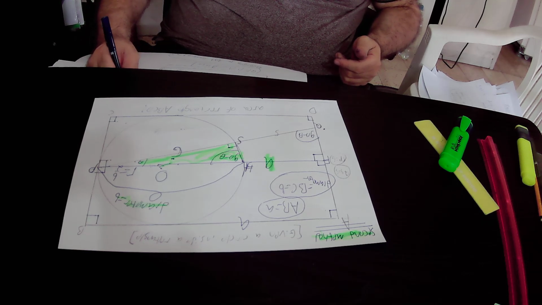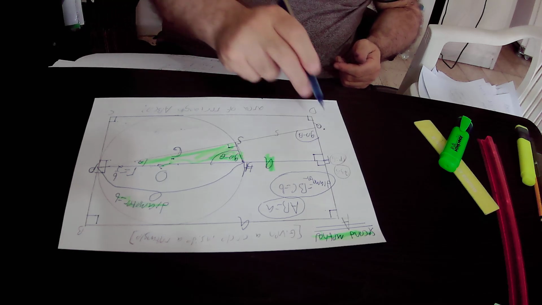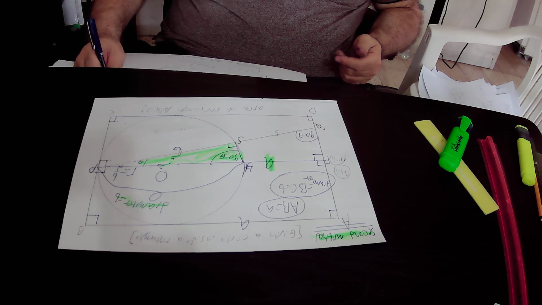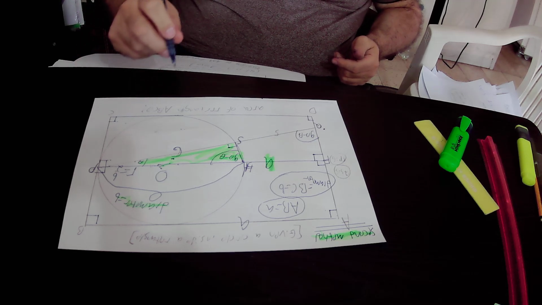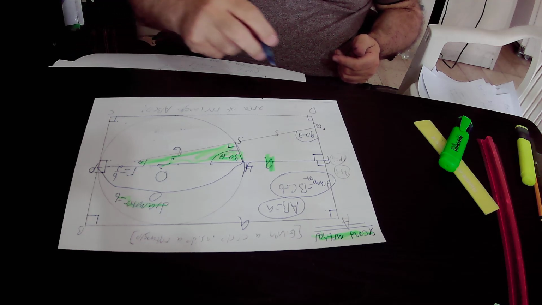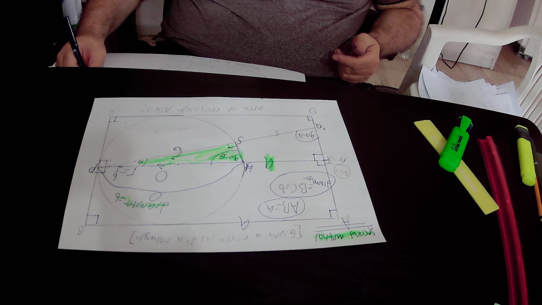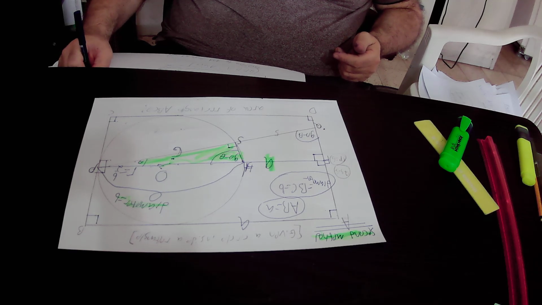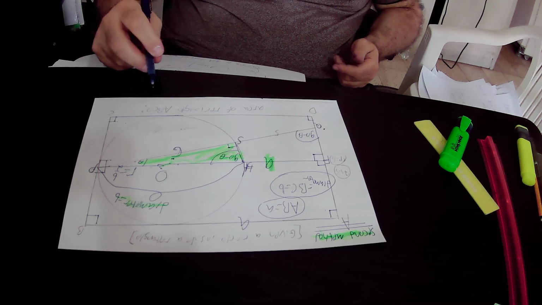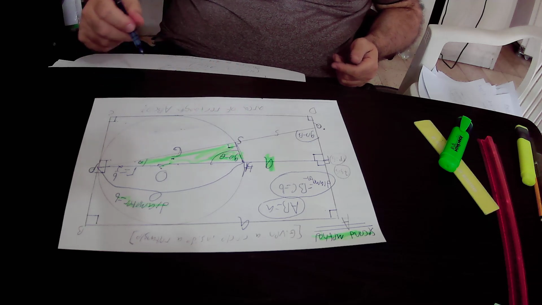We conclude that FP, the side of the big right triangle, over SP, the side of the small green right triangle, is equal to QP over PH or HP.